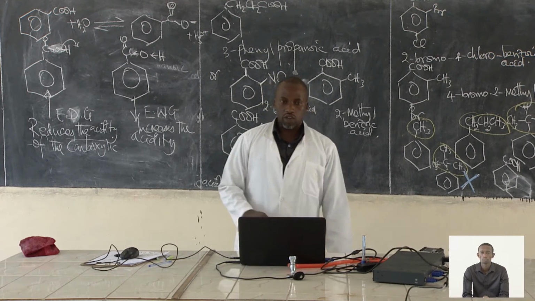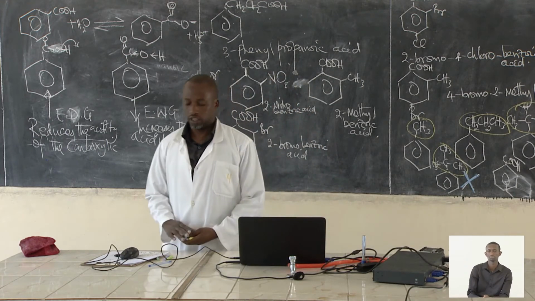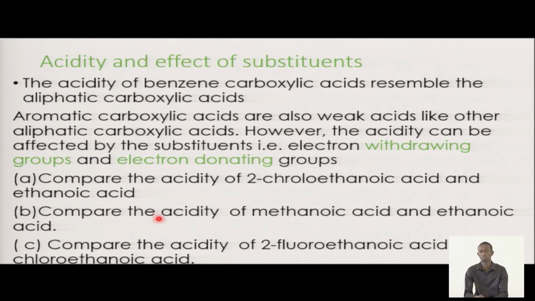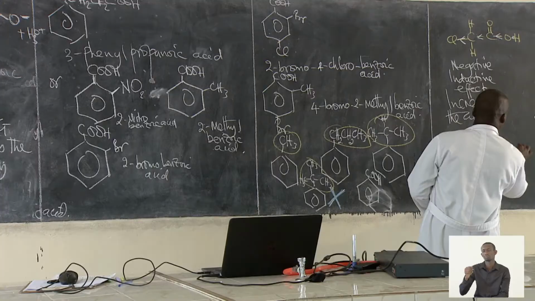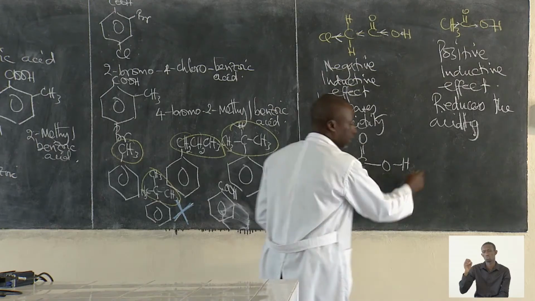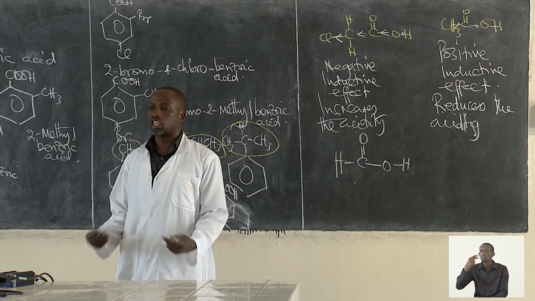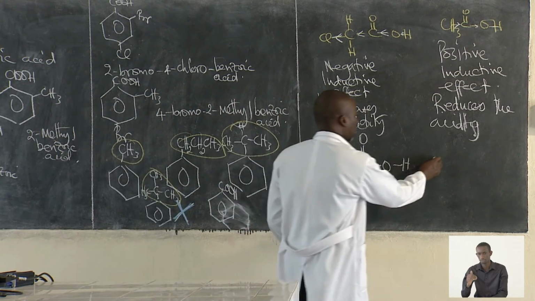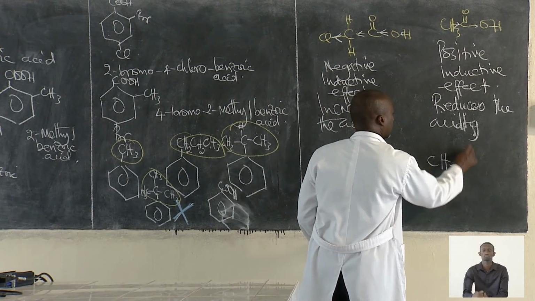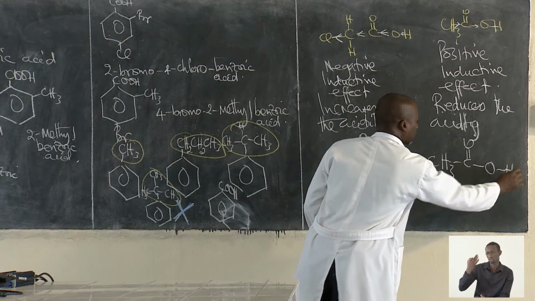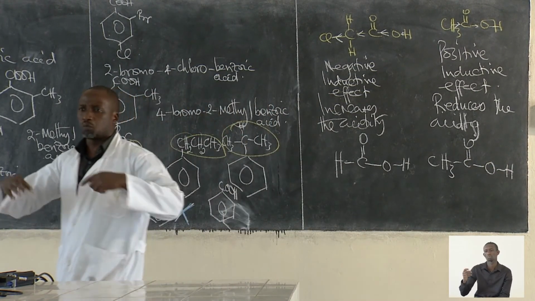So there was another question there, which is part B over there. Compare the acidity of methanoic acid and ethanoic acid. Probably briefly I can just talk about that one. Methanoic acid, this is the structure of the methanoic acid. And another one they're talking about, ethanoic acid. So the ethanoic acid is this. Which one would you think is stronger?